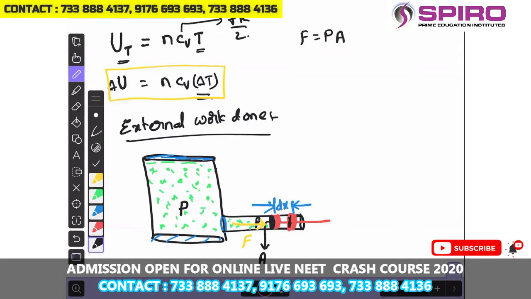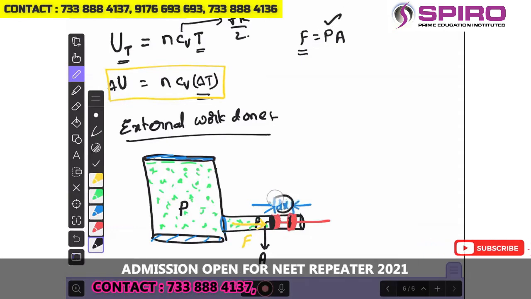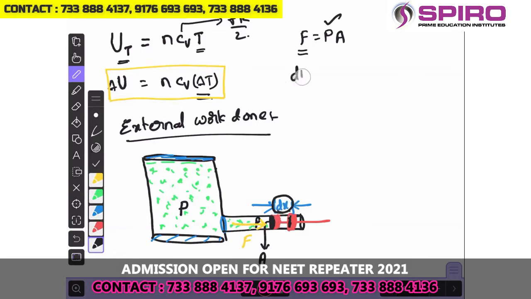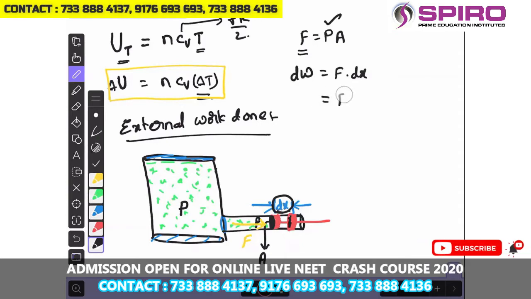Okay. If this force is acting constantly, if the pressure is constant, the force will be constant. Then work done in making the displacement dx is given by dW is equal to F into dx. You substitute the formula for the force as P into A into dx.